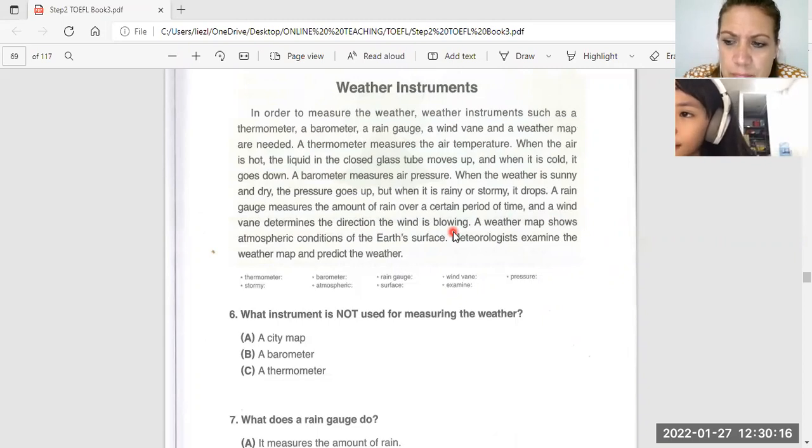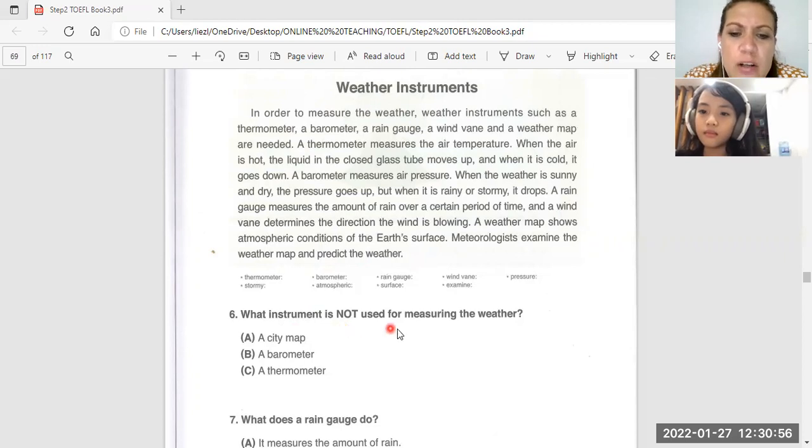A weather map shows atmospheric conditions, the atmospheric condition of the Earth's surface. Meteorologists examine the weather map and predict the weather. Predict the weather. Yes.